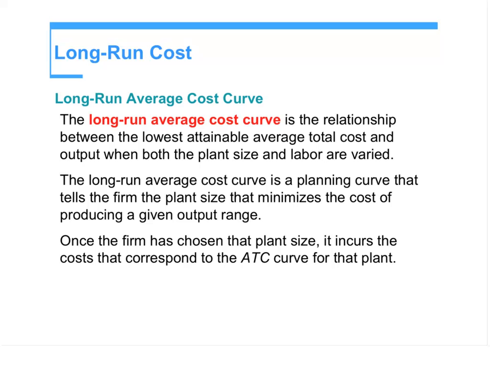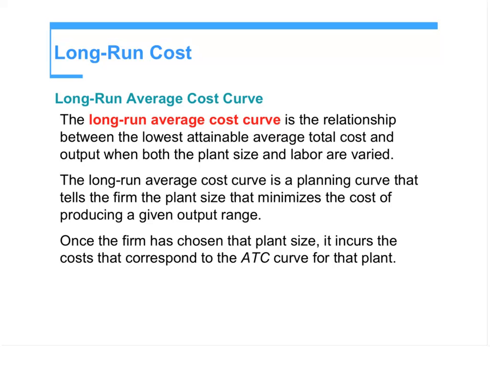Yes, that's correct. And we also talked about labor and capital, right? Because we are not just discussing capital and labor. So in the long run, we choose the best possible cost option, right?